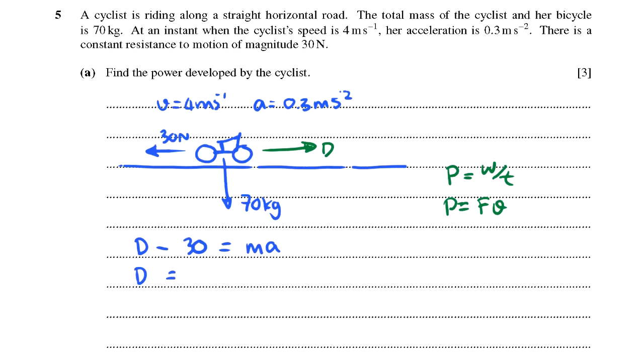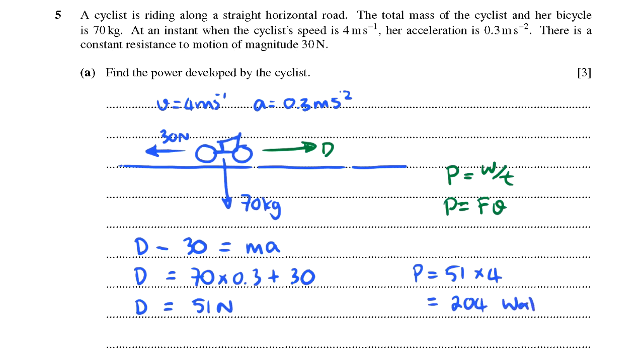So D is going to equal, the mass is 70, the acceleration at this instant is 0.3, and let's add 30. If we put it into a calculator, we'll get D is 51 newtons, which then tells us what the power is very easily. Power is 51 times 4, force times velocity, which is 204 watts.